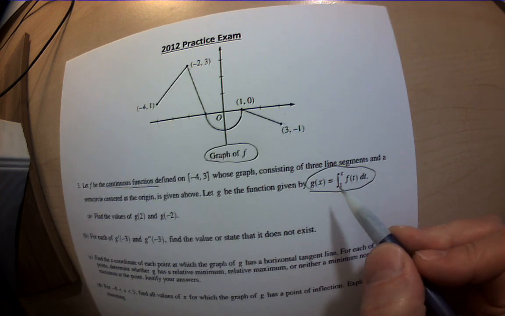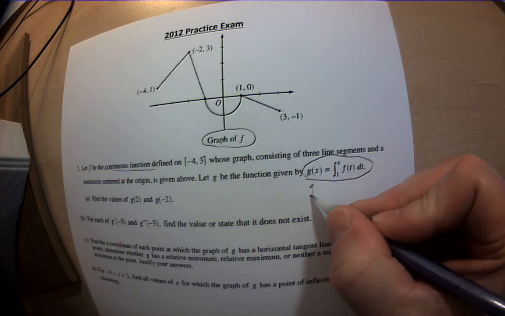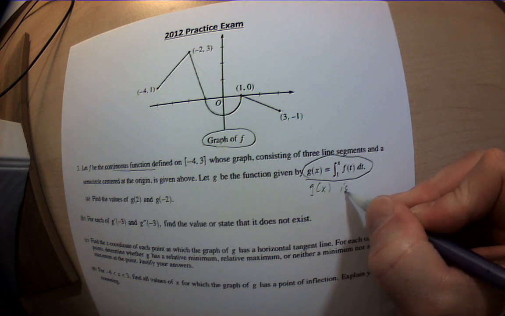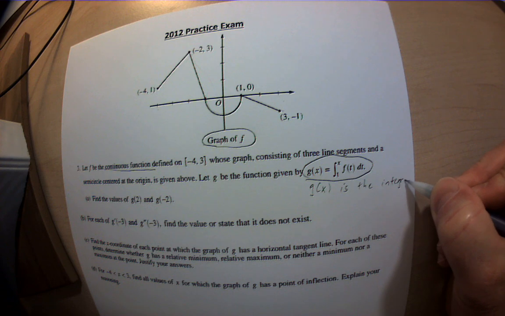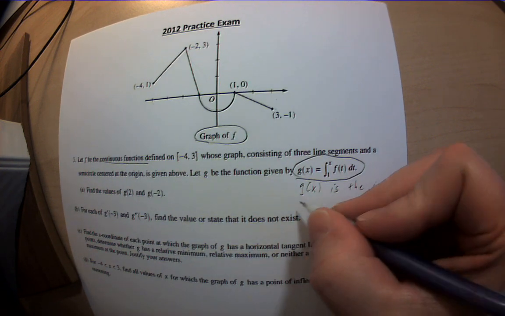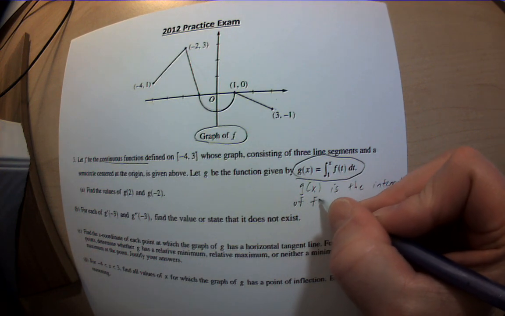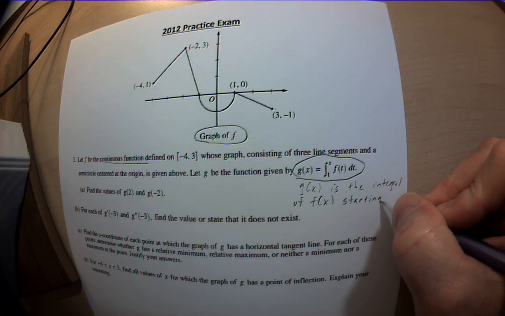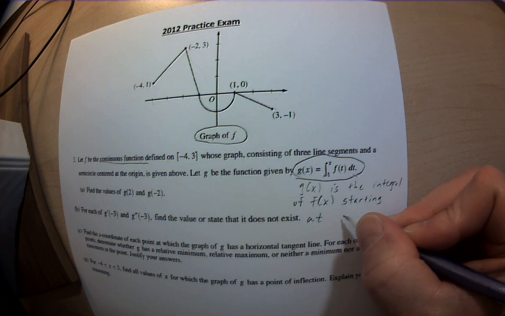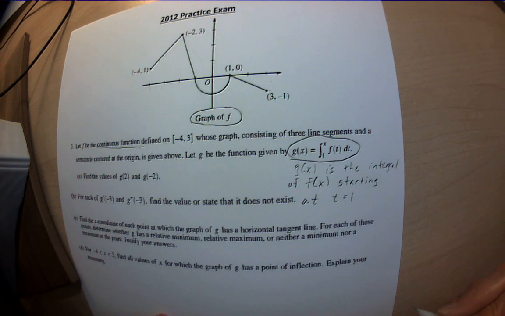So guys, what that's telling you is g of x is the integral of f of x starting at t equals 1.